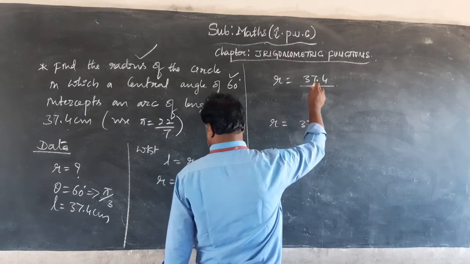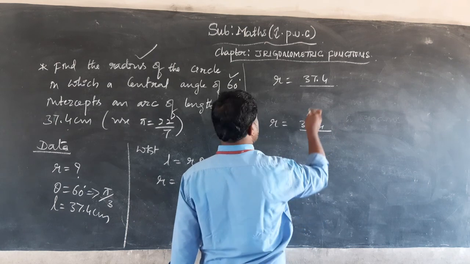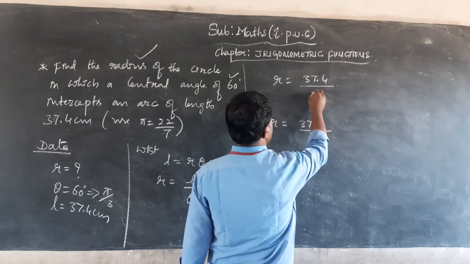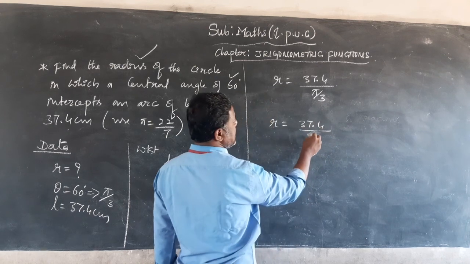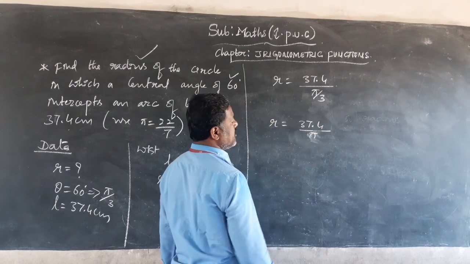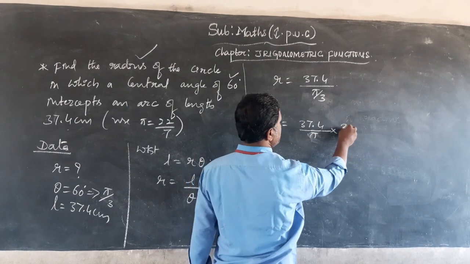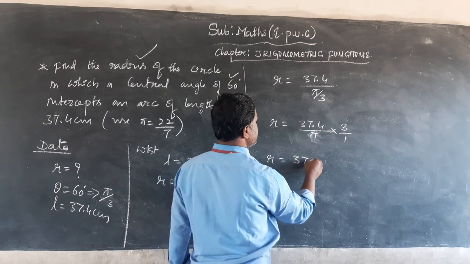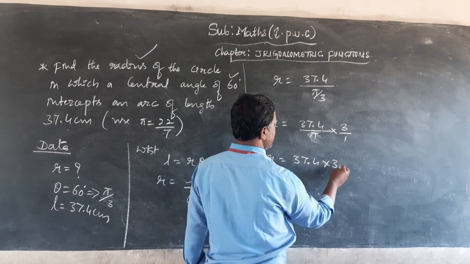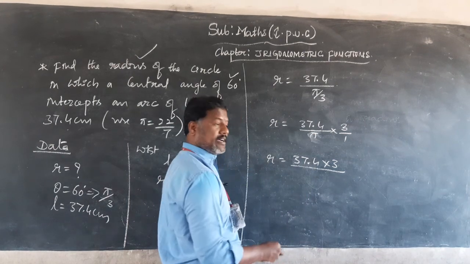Before that, children, I will show you in simple. The value of L is 37.4. Okay, we have taken. The value of theta is pi/3. Okay, children, let us write pi here. If I take 3 to numerator, that is 3/1. Again r is equals to 37.4 into 3 divided by the value of pi is 22/7.